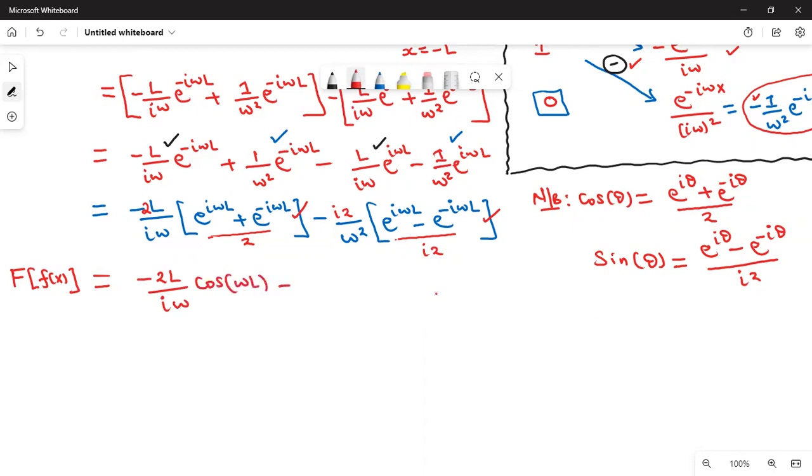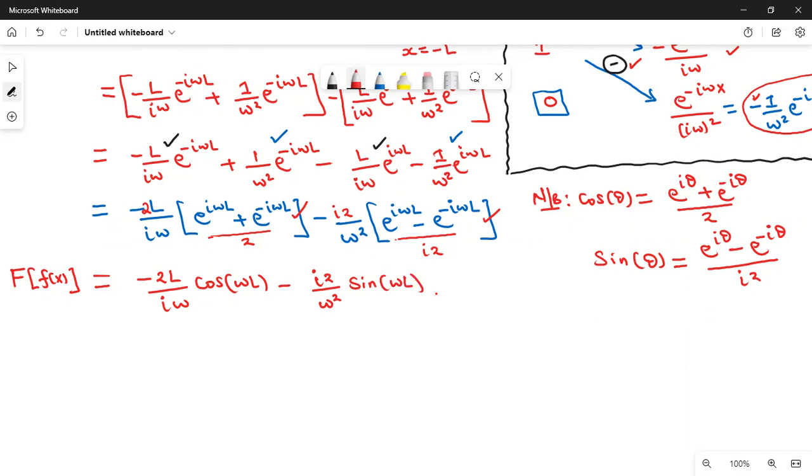Then minus, the other one is i2 or 2i, whichever, i2 over omega squared times, this other one is now sine omega L. And so this is our Fourier transform of that function.